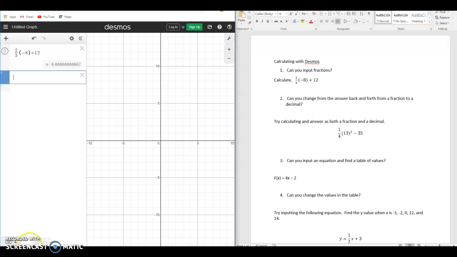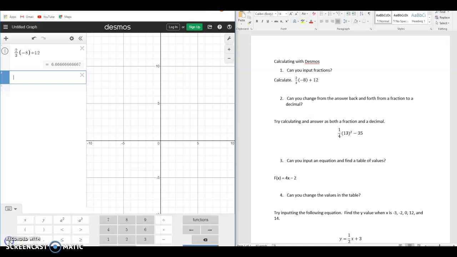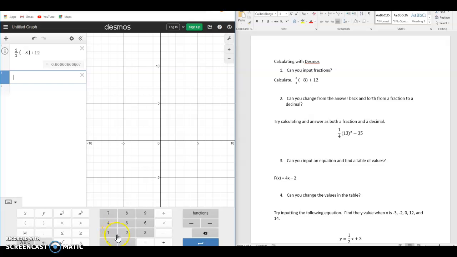I also want to show you down here at the bottom, you do have this keyboard that you can click on. So if I wanted to use this or use a combination of my actual keyboard and the Desmos keyboard, I could. So I also could do 2 divided by 3, right arrow, and then I might put times. And then let's see, where's my negative key?